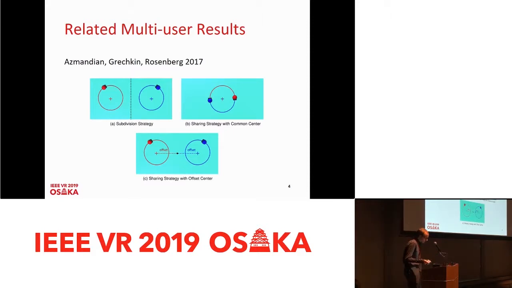One was a subdivision strategy, where each user has their own separate space. Another is where the users share the space but use either common center or offset center. Depending on the virtual environment, common center works better, for example, in square tracking areas, while for rectangular tracking areas, offset center works best.